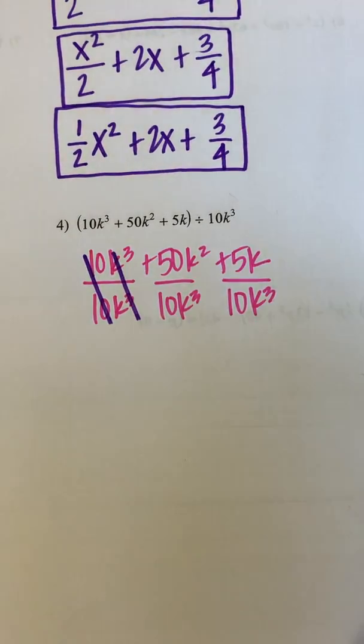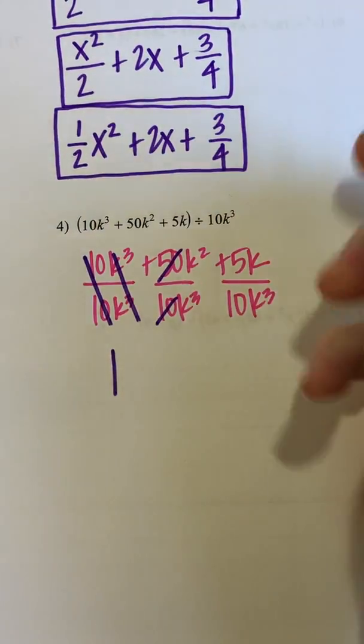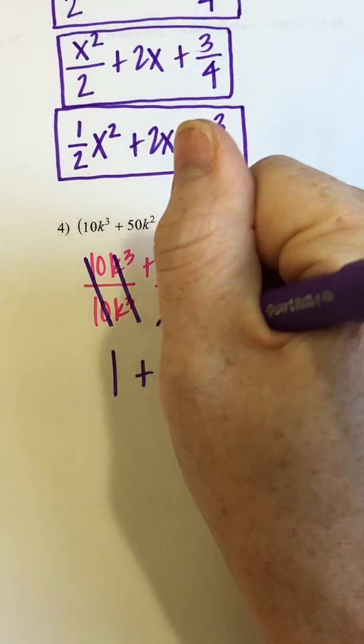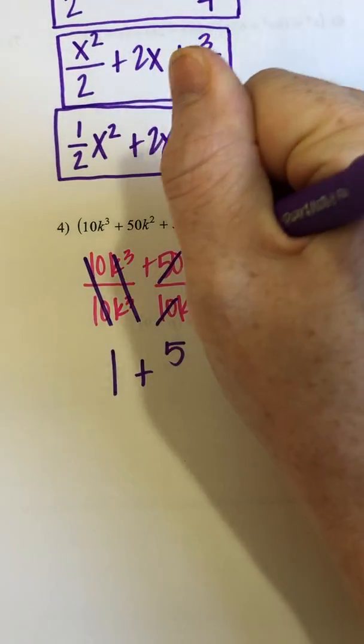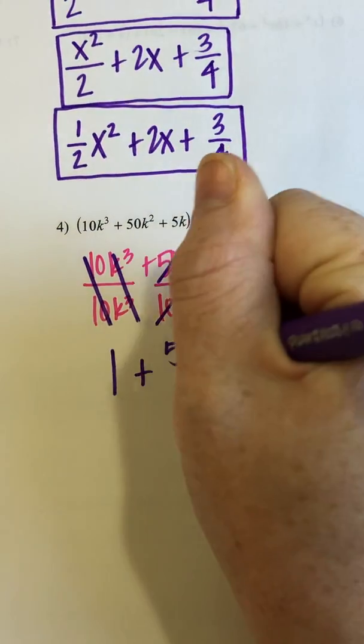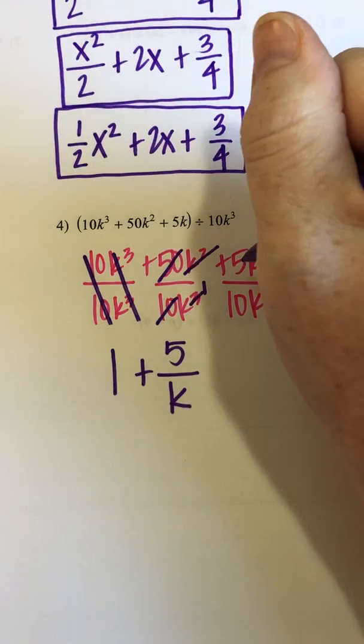What is anything divided by itself? 1. Okay? Five will go up top. Here I cross out 2 of my n's, so that leaves me with 1 down here in the, not n's, k's, and that leaves me with a k in the denominator.